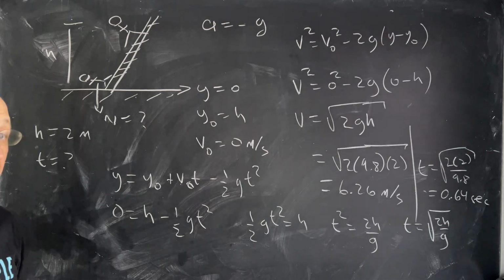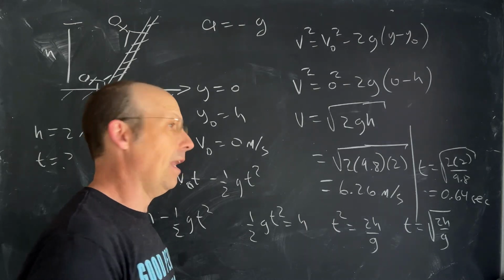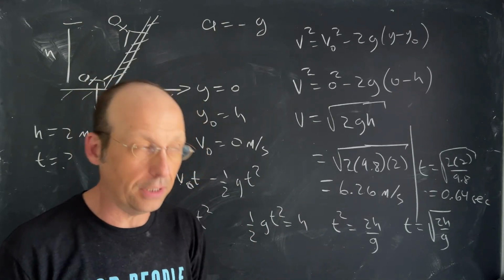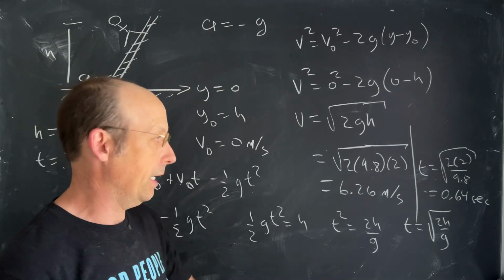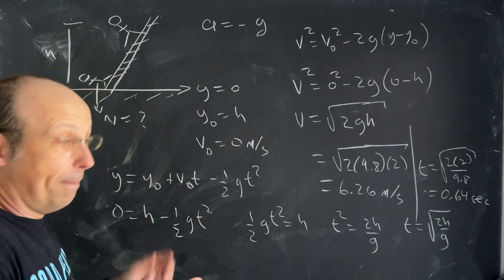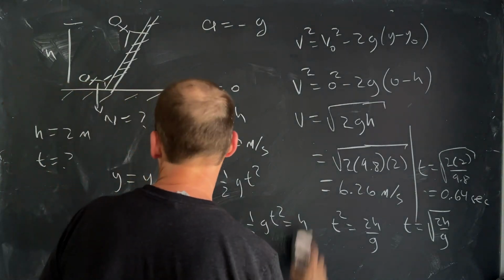Okay. Now, let's do the first problem a different way. Imagine that I didn't care about order and I said, well, I want to find out how fast he's going, so I'm going to find the time first. And I did this. Now I could use that time and another kinematic equation.